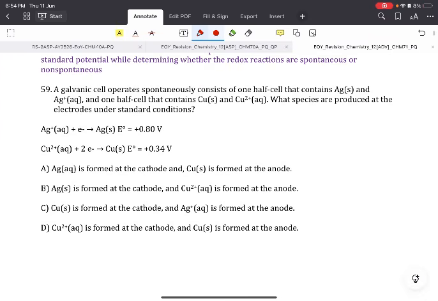A galvanic cell operates spontaneously. So first of all, they told me I have a galvanic cell, also known as voltaic cell. Operates spontaneously. Spontaneously means that the E cell is going to be positive. The voltage of this cell is going to be positive. And it consists of a half cell that contains silver metal and silver ion.